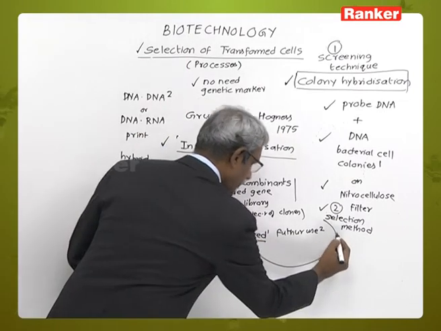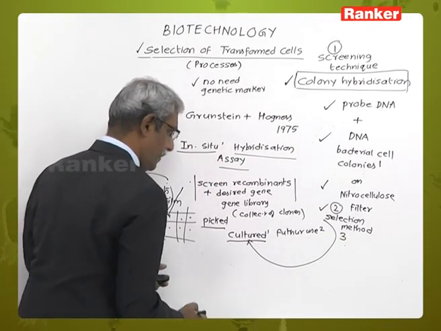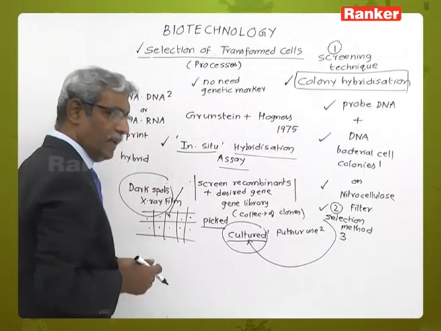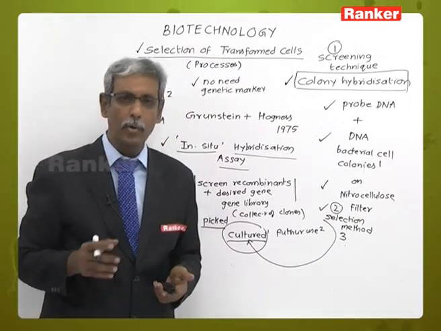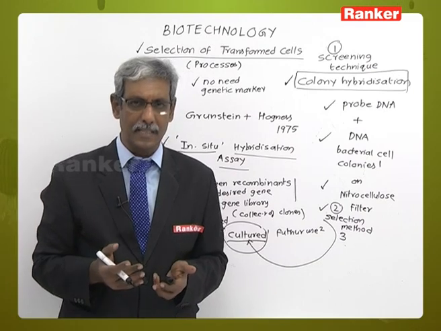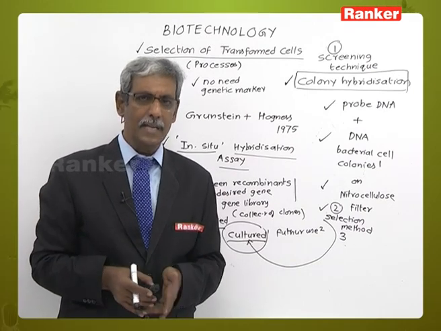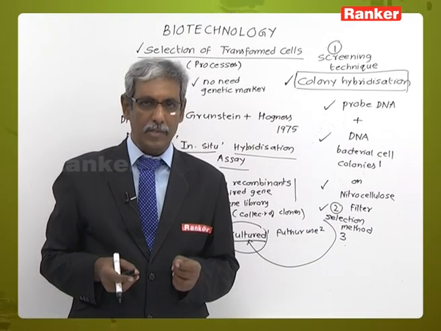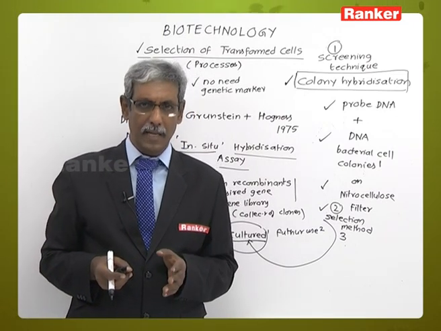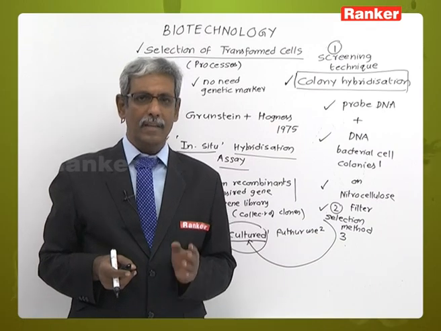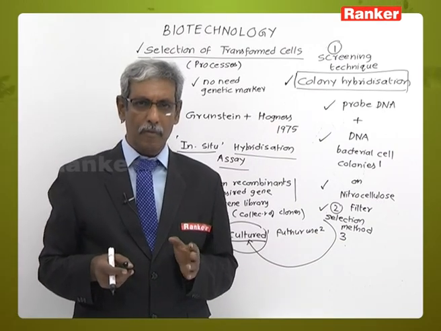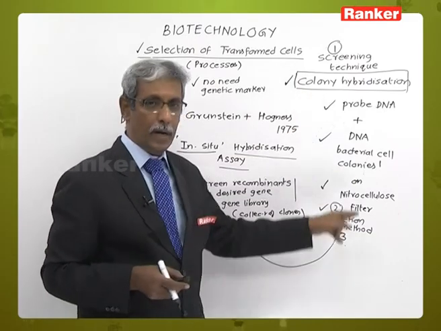And later on, we practice a selection method. And after picking the cells, we need to culture them. So, these are the different techniques of selection of transformed cells. First method is primarily by using antibiotic resistance, that is AMPR or TETR. Then the second technique is, because the first is a very cumbersome method, you use a faster method like colony hybridization.